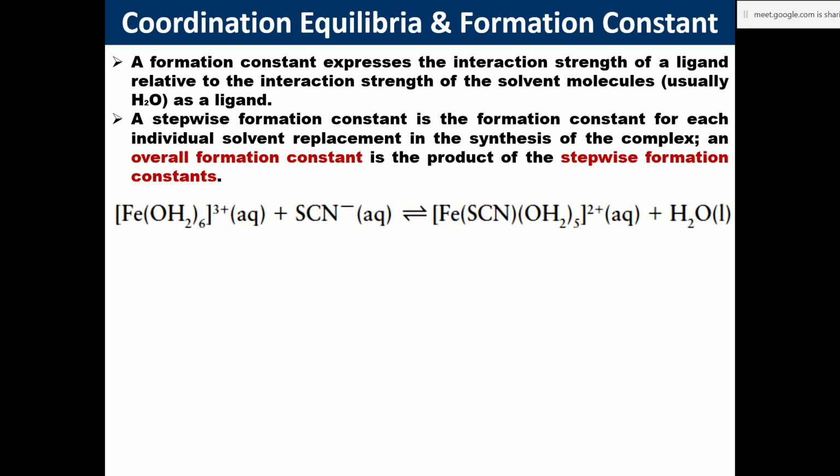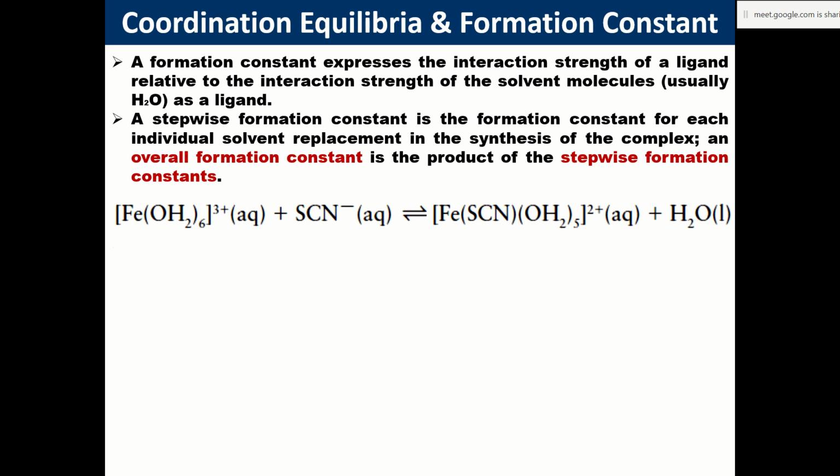So for example, when you have done this experiment in the lab, thiocyanate and Fe(H2O)6 3+, and you try to find the formula, how many thiocyanate ligands can combine with the Fe3+. So what did you get in the experiment?